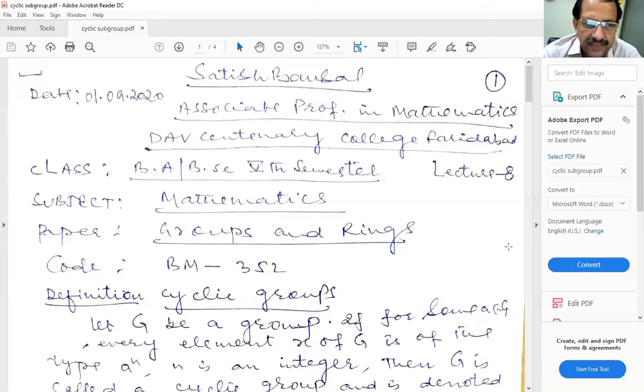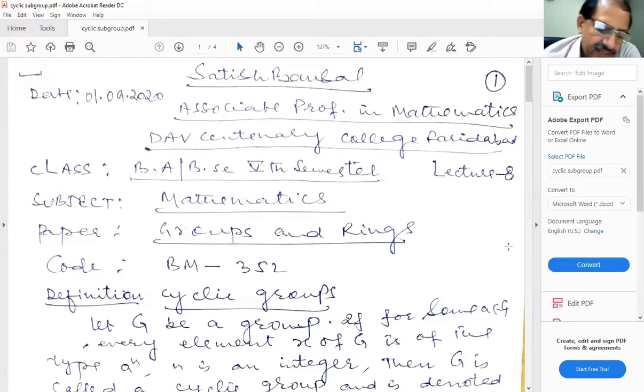When a non-empty set forms a group, then the four properties: closure property, associative property, identity, and inverse property are satisfied.